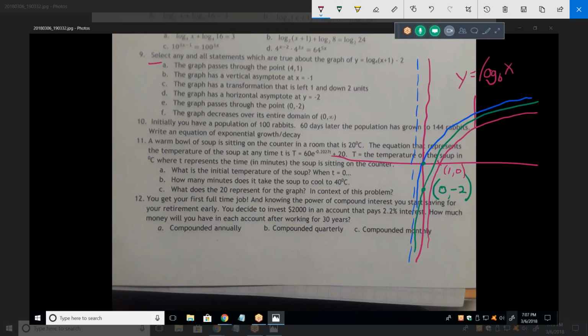Does it go through that point? Well, for that to be true, 1 would have to equal the log base 4 of 4 plus 1, minus 2. Is that true? No, it isn't. We don't know what the log base 4 of 5 is, but it's certainly not a whole number.